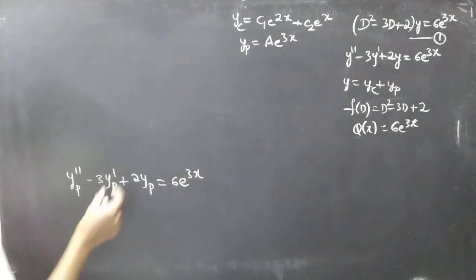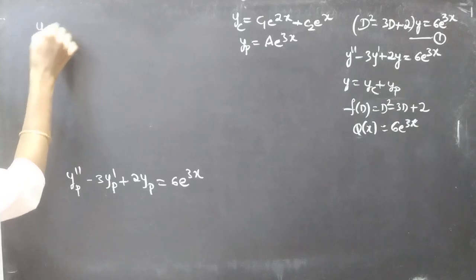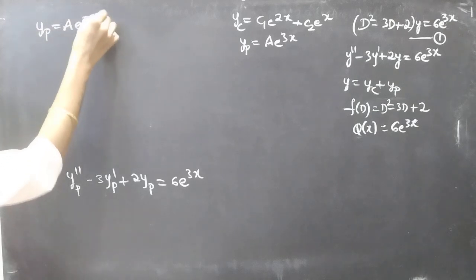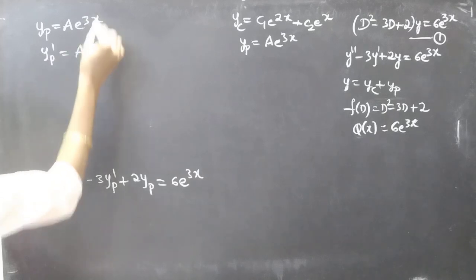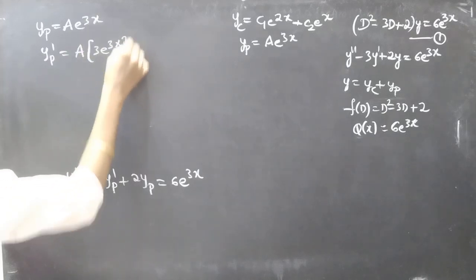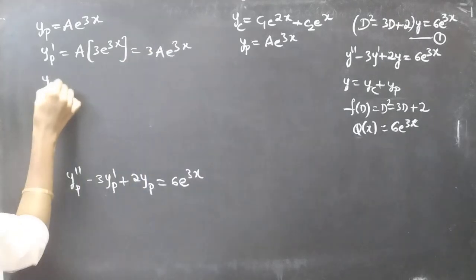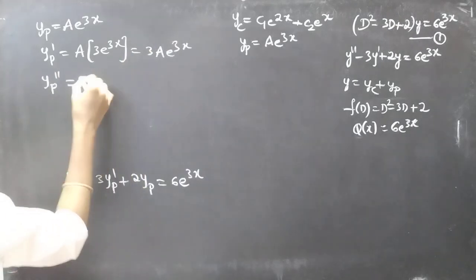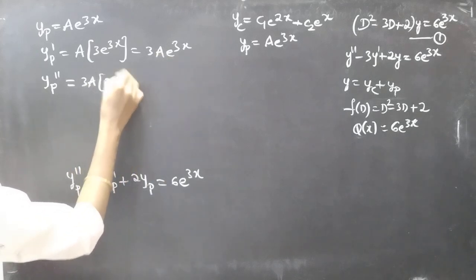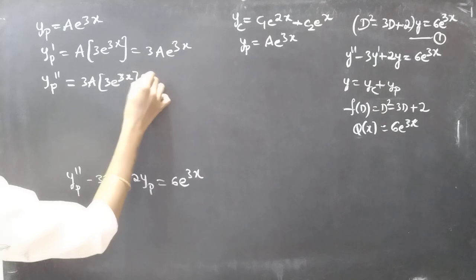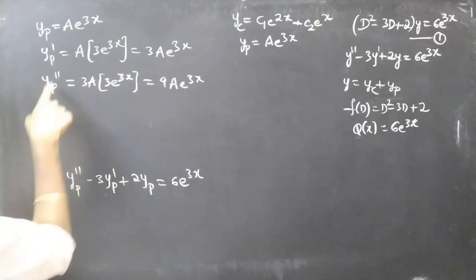With the help of this, we'll find yp dash and yp double dash. Yp dash is a into the derivative of e power 3x, which is 3 e power 3x, giving 3a e power 3x. Now yp double dash is 3a into the derivative of e power 3x, which is 3 e power 3x, giving 9a e power 3x. We got yp dash and yp double dash.